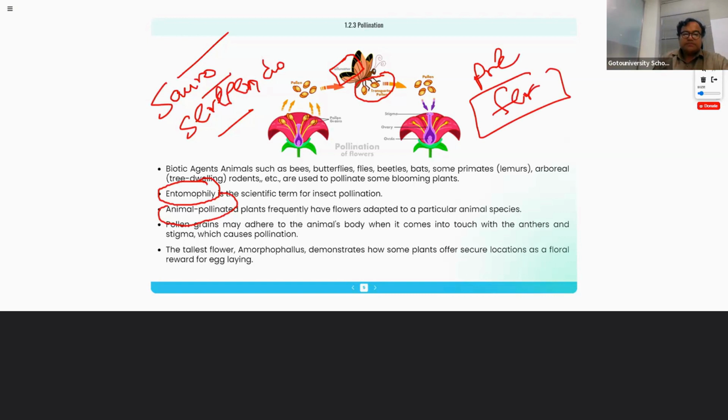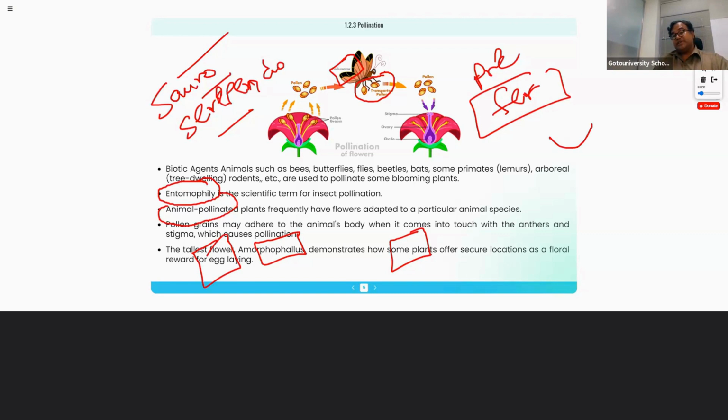Now Amorphophallus here indicates that some plants offer a secure location. Here it gives a reward for egg laying. So whose egg is laid here? Insect eggs are laid here. Most insects prefer this Amorphophallus plant because this plant gives the platform to lay the insect's eggs.